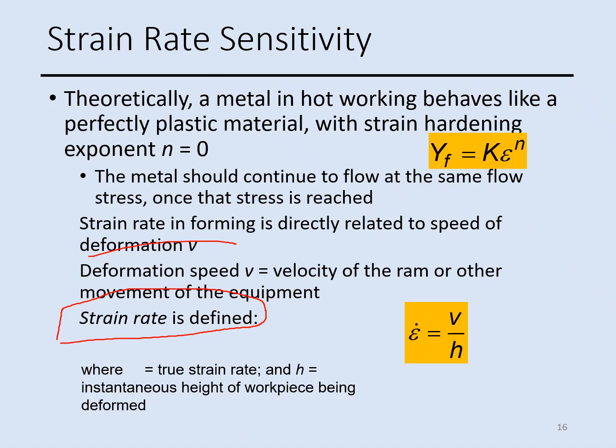If you look at this, the strain rate is defined as the velocity of the ram, or the movement of the equipment, over the height of the workpiece, or instantaneous height of the workpiece.